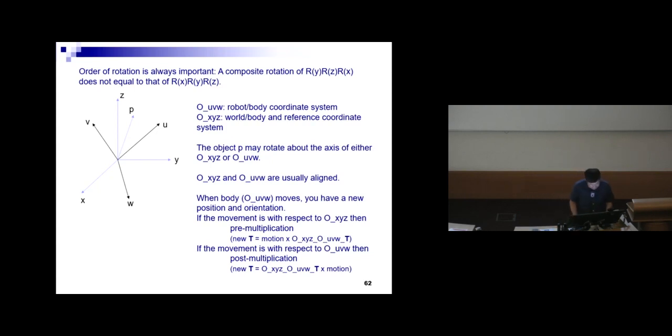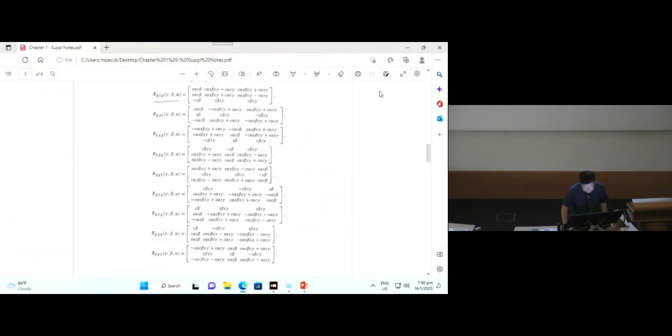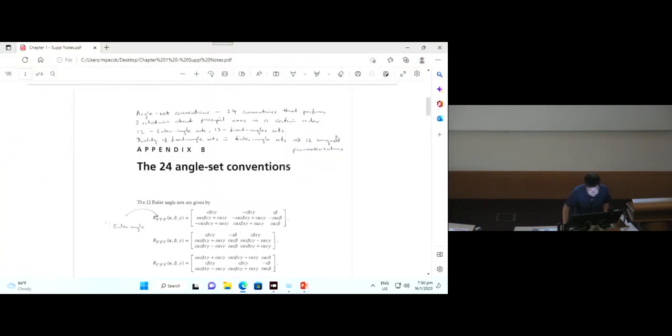Okay, now we move back to the Euler angles as well as the fixed angles. So the angle set convention: when you have your Euler angle set as well as the fixed angle set, they're all together known as the angle set convention.